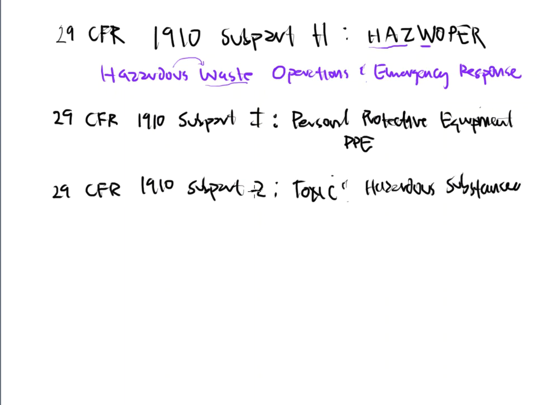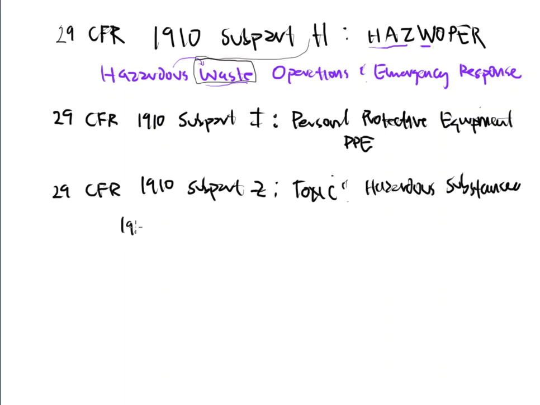Now, notice that Subpart Z is toxic and hazardous substances, right? That is not Subpart H. Subpart H focuses on the waste that's generated. This is not waste, right? These could just be toxic and hazardous substances that we're working with in the lab. It is not classified as waste yet, but these are dangerous reagents that we're handling, right? So this one is going to be broken down in a little bit more detail, okay?